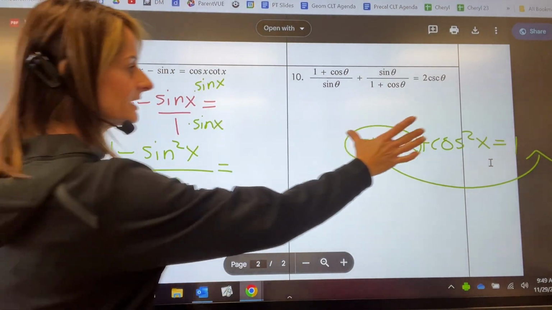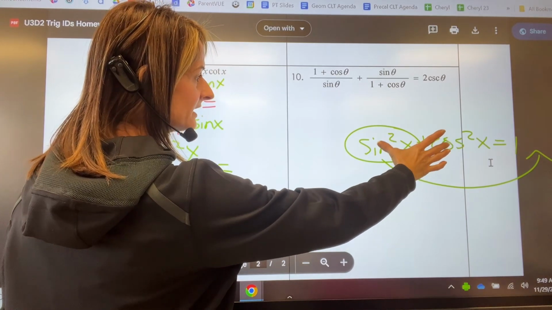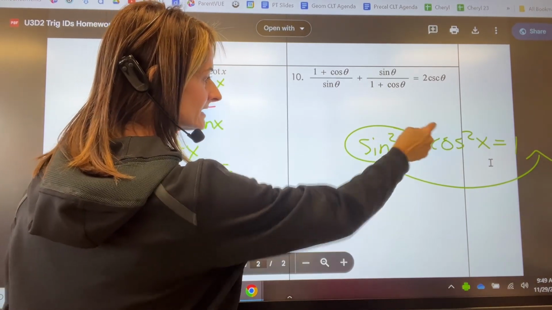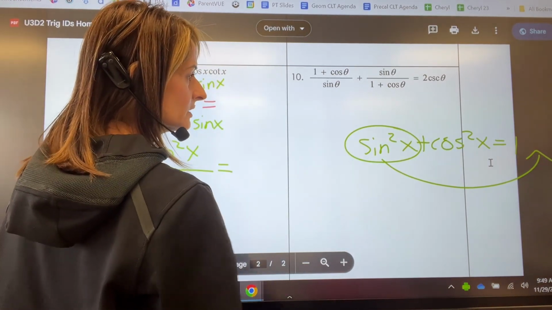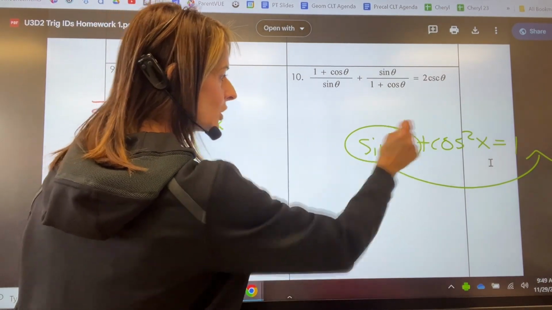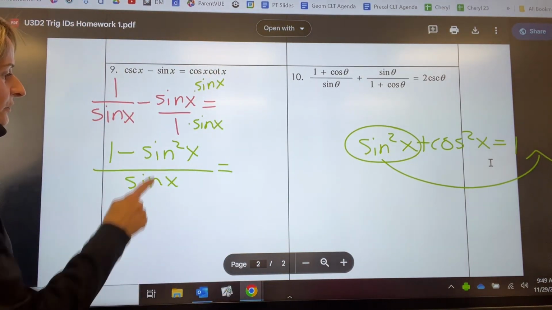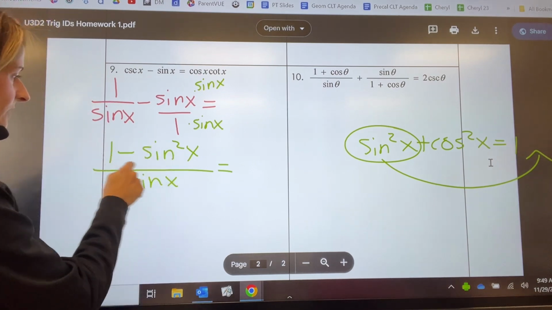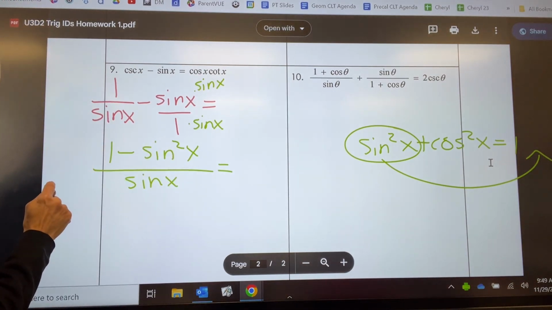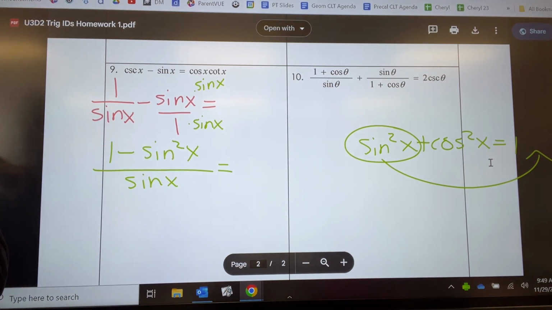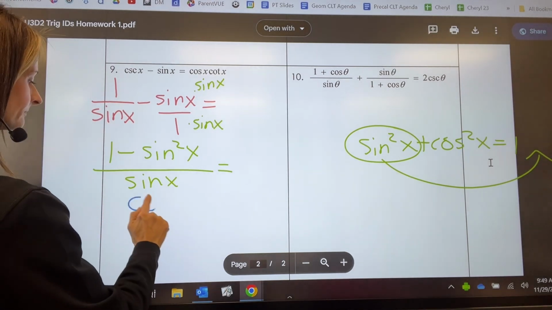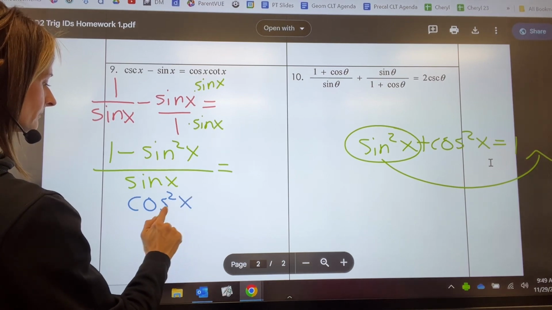I'm just manipulating this Pythagorean identity, isolating the cosine squared. So 1 minus sine squared equals cosine squared. So I'm going to go ahead and substitute that cosine squared in for this 1 minus sine squared. So I'll do that, in a different color.